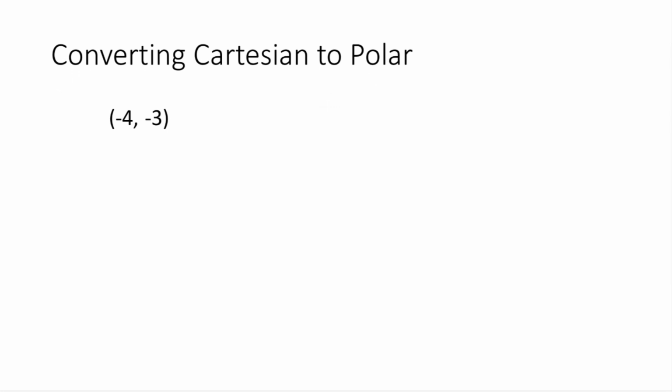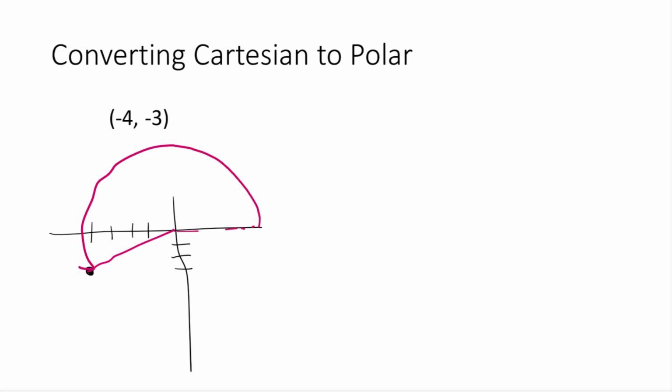So now we're converting this Cartesian point to polar. I'm just going to draw it out here. So it's over here. All right, so it would have gone all the way around.